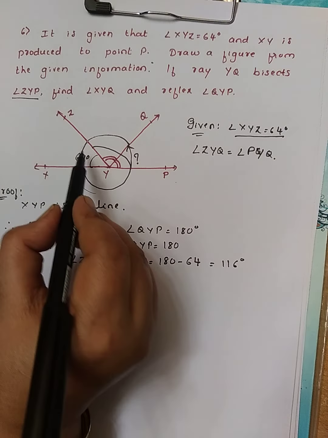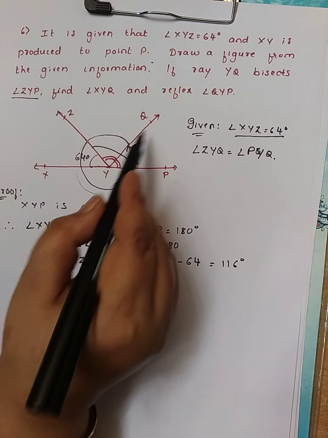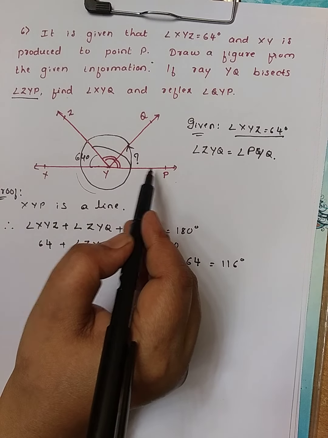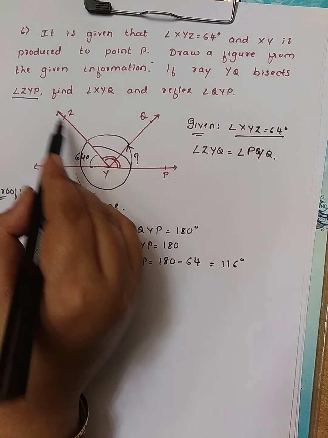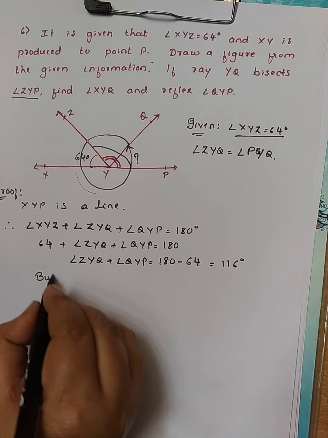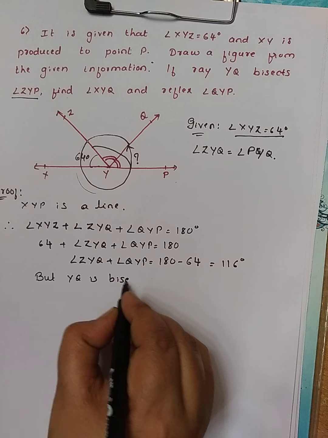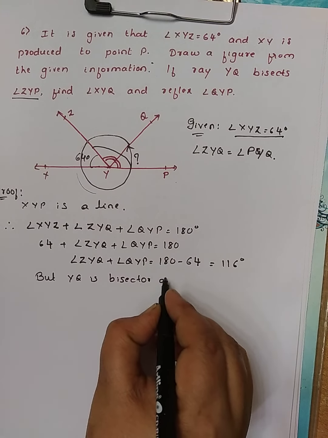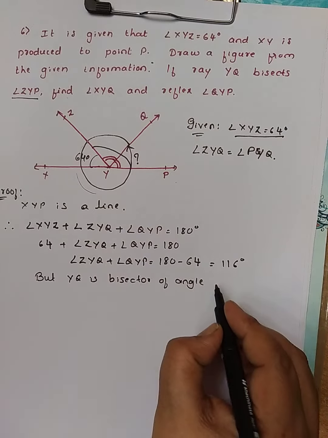See here, the sum of these two angles is 116 and these two angles are equal. Why? Because it is given that YQ is the bisector of angle ZYP.